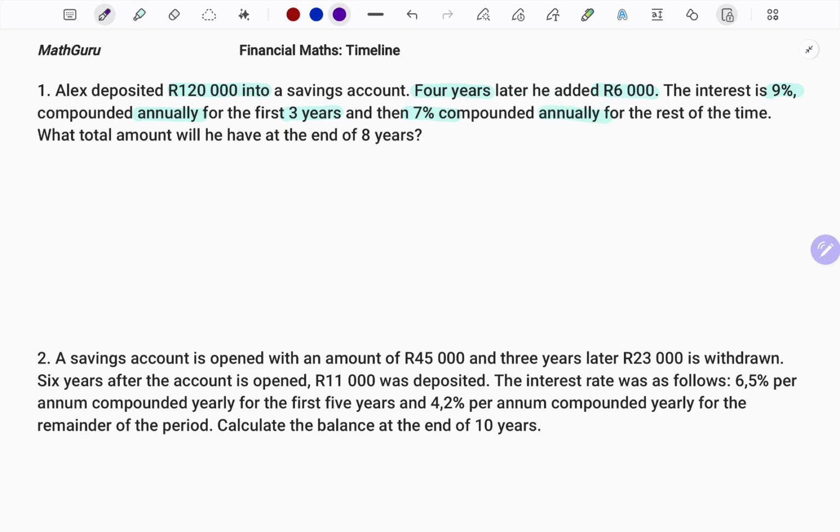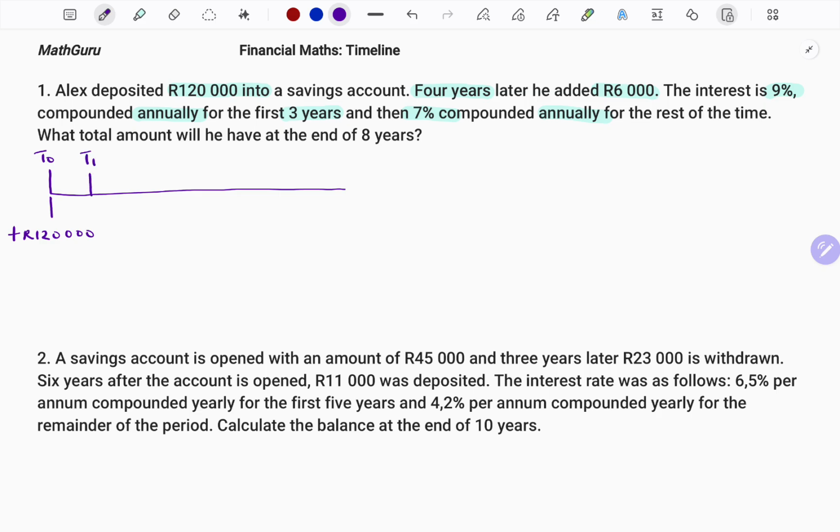So drawing my timeline, I start with my initial deposit, which is 120,000 rand. It's a deposit, so I'm going to just put a plus in front of 120,000, so that I can differentiate between my deposit and my withdrawal. So I have that initially at T0.